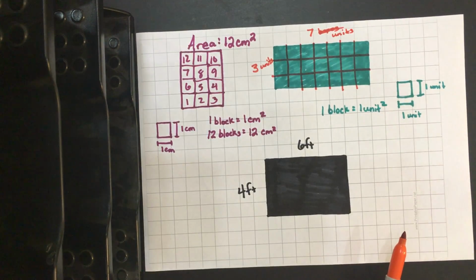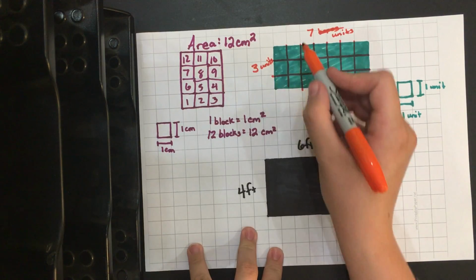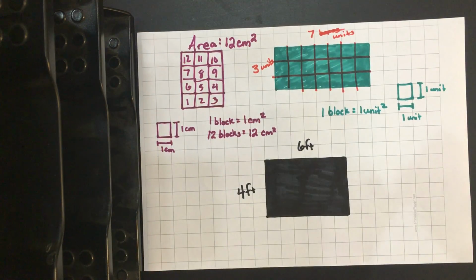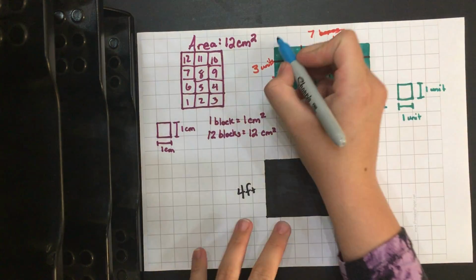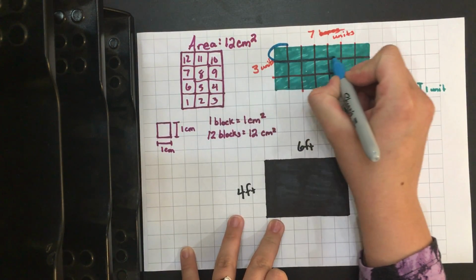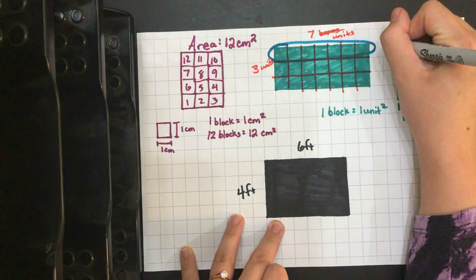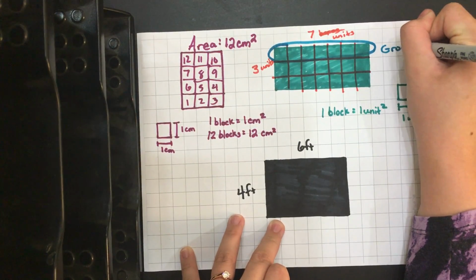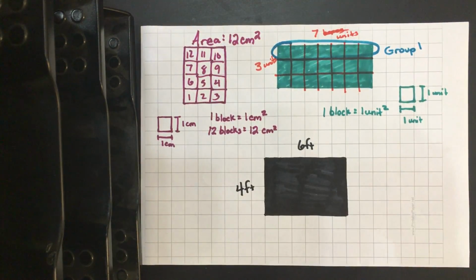I'm going to think about it as groups. So, I'll use a different color for this one. I want this to be group 1.